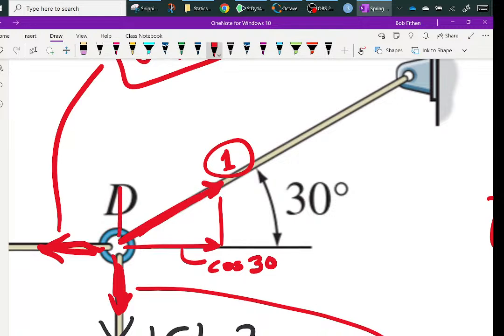And then the component going up right here is 1, the length of this. If this were a length of 2 or 3, you'd have to put that in there, but it's the length of 1. So it is sine 30. So those are the lengths of the two vectors that make that up.